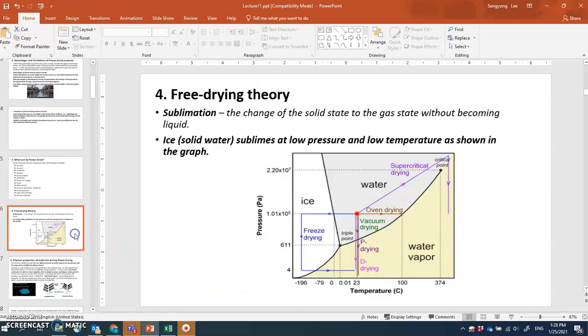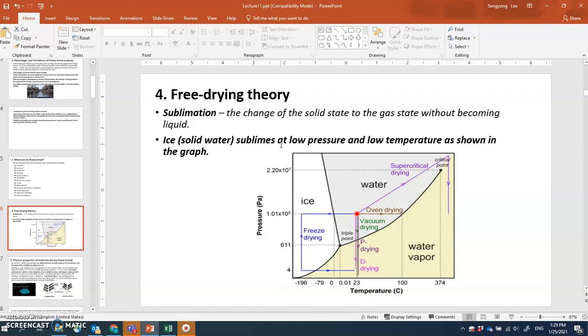Okay, so let's talk about the freeze drying principle. Freeze drying is possible because of a process called sublimation. Okay, it's hard to say. Sublimation is a process where ice crystal is vaporized directly. You all know that water has three different states. Water can exist as liquid, or it can be crystallized, or it can be vaporized.